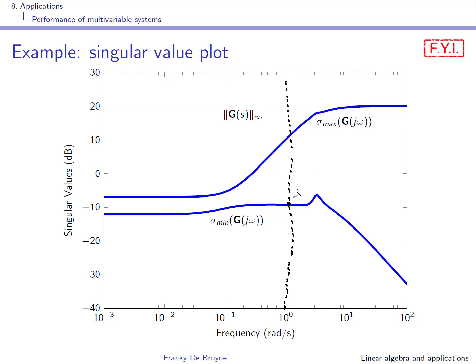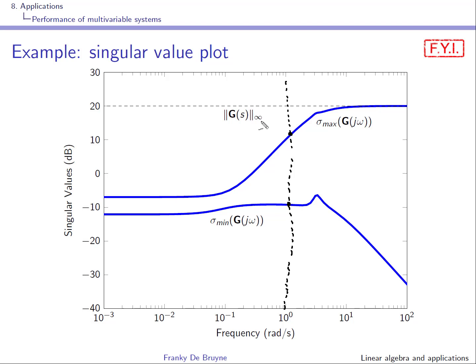The minimum gain that you have is about minus 10 dB over here, and the maximum gain at this frequency of 1 radian per second is approximately, let's say, 12 dB for another input vector in another direction. Okay, so at any frequency the gain of this multivariable system is in between a lower bound and an upper bound.